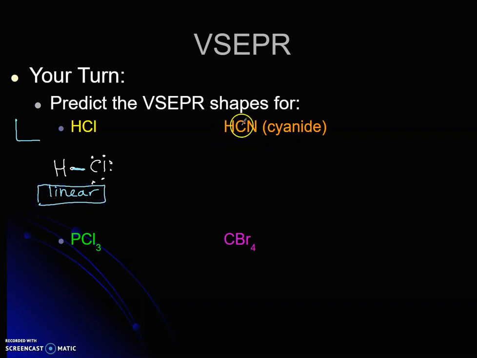Cyanide is HCN. We have hydrogen, carbon, and nitrogen. When we bond them together, hydrogen has 1 single bond between it and carbon, leaving 3 bonds left for nitrogen, so we're going to show a triple bond between them.